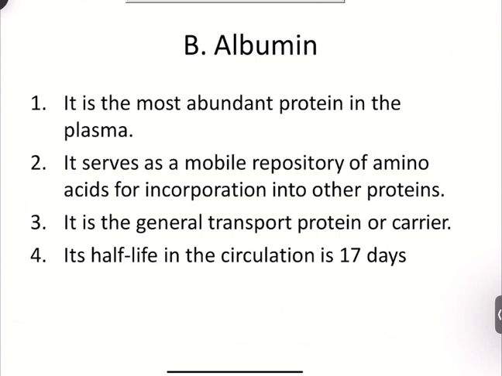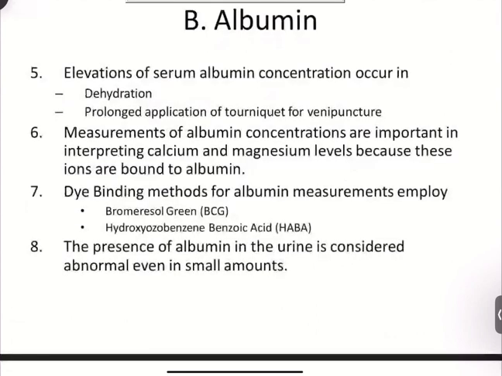It is generally a transport protein or carrier, as I said earlier. Its half-life is about 17 days, which is long. An elevation of serum albumin concentration occurs in dehydration and prolonged application of the tourniquet for venipuncture. That's why we do the venipuncture in less than 1 minute.